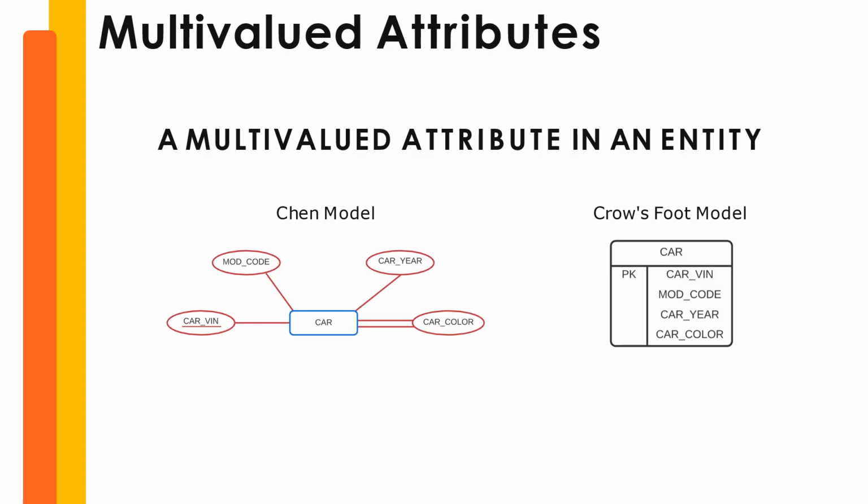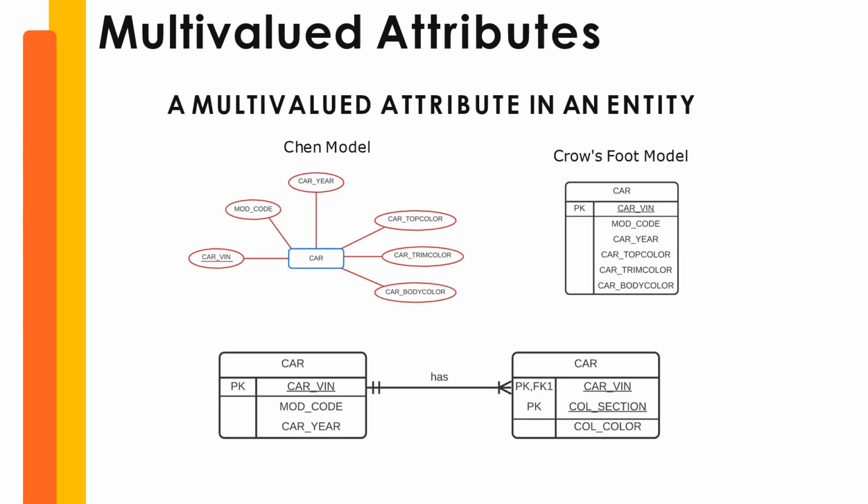If we recall from our previous example, the car color is a multi-valued attribute because it has multiple values. It can have a color for the top, for the body, among others. So to address the multi-valued attribute, we can do either of these things.